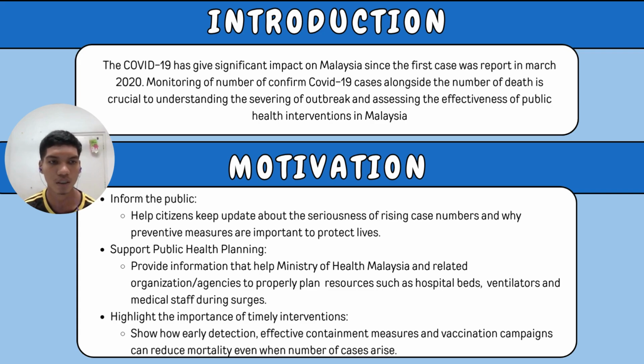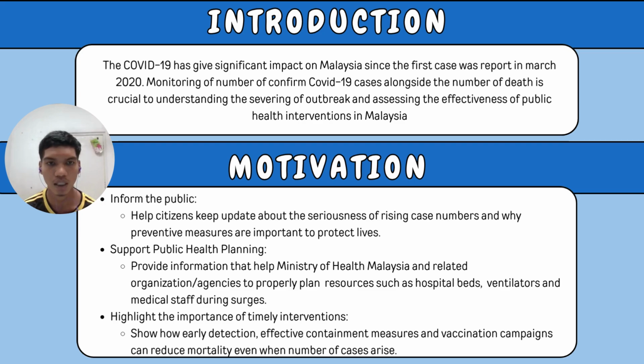For motivation, the first one is to inform the public. This is to help citizens keep updated about the seriousness of rising case numbers and why preventive measures are important to protect lives. The second one is to support public health planning. Provide information that helps the Ministry of Health Malaysia and related organisations or agencies to properly plan resources such as hospital beds, ventilators and medical staff during a surge.